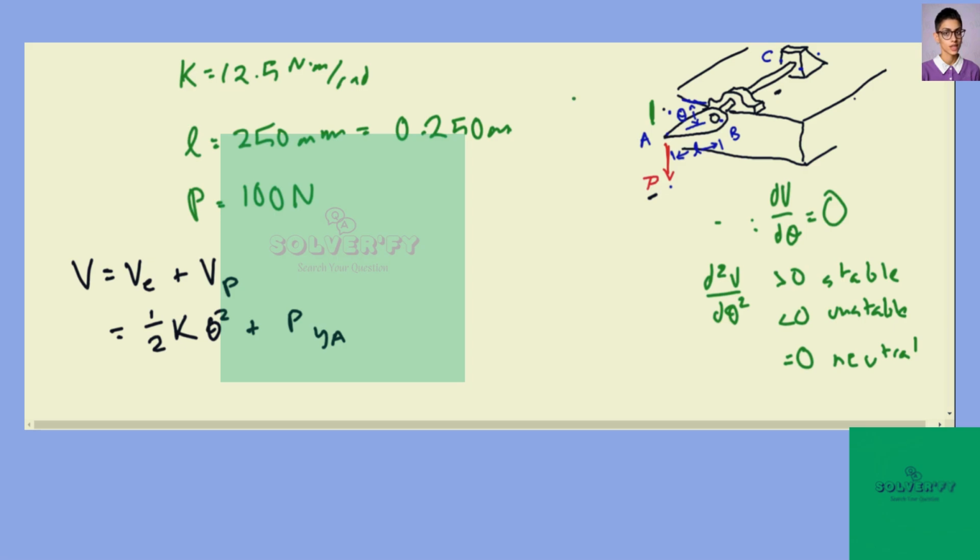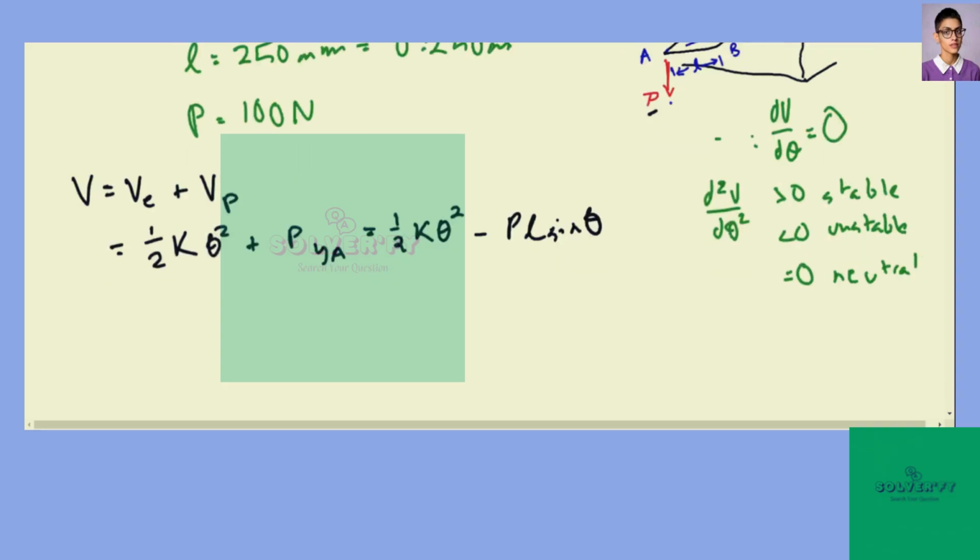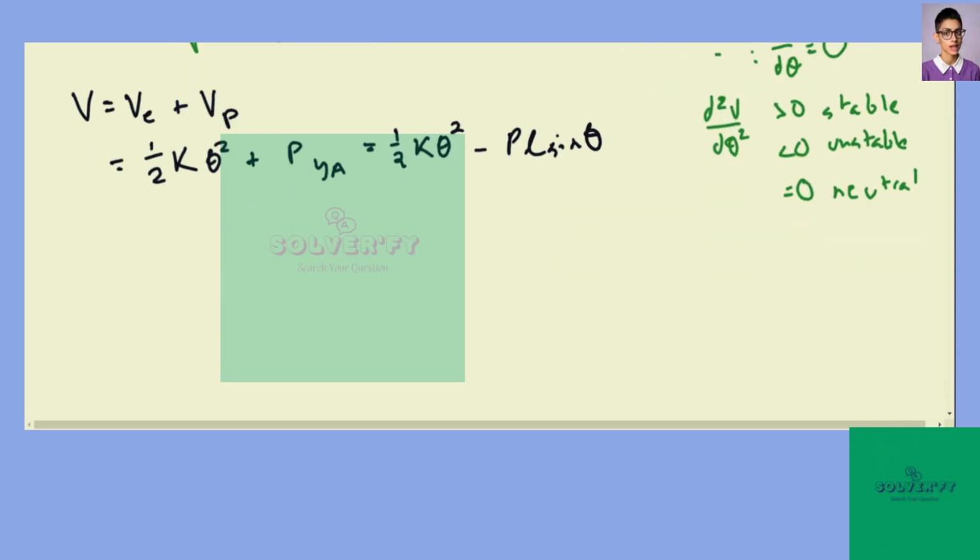So we're going to define it as negative because it's below, but it's just going to be L, the hypotenuse, times sine of theta. So again, this is just going to be equal to 1/2 capital K theta squared minus PL sine theta. And that is the general expression for our potential energy for our system.